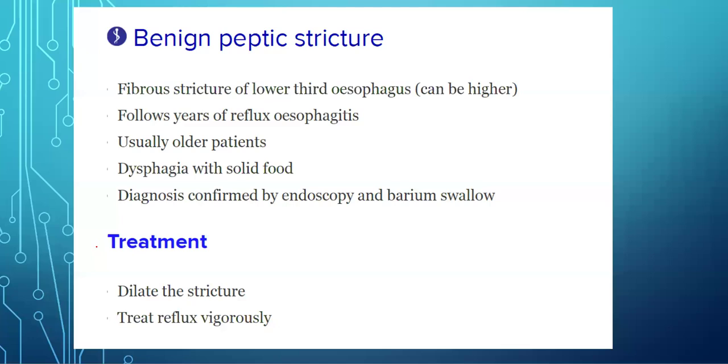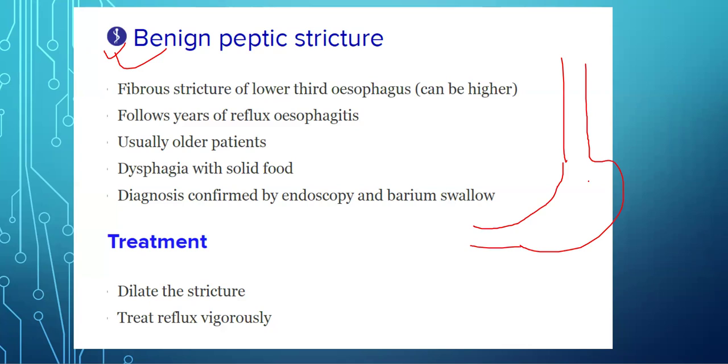So let's discuss some of the common causes of dysphagia. One of them is called benign peptic stricture. In benign peptic stricture, these patients usually give you a long-term history of chronic reflux.